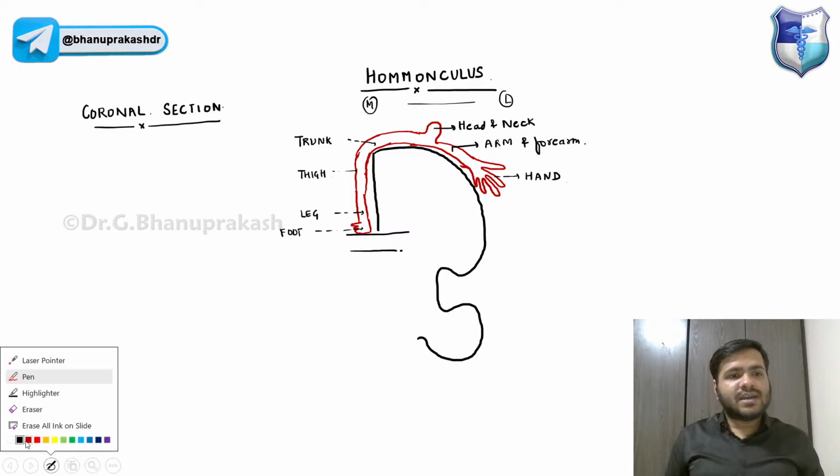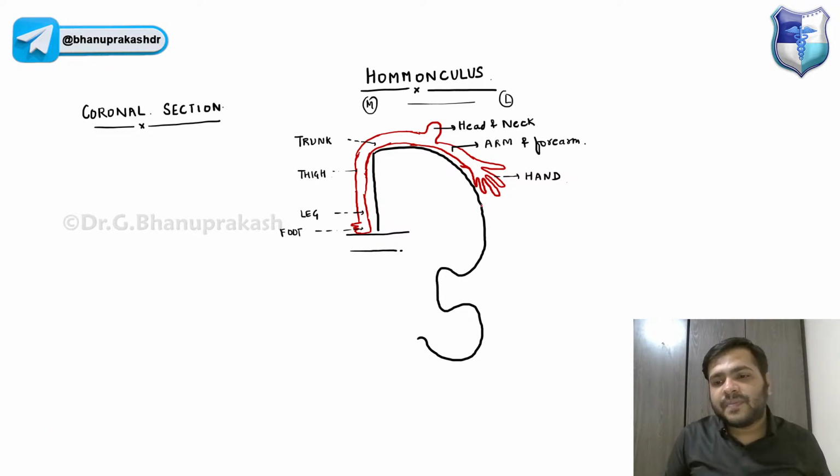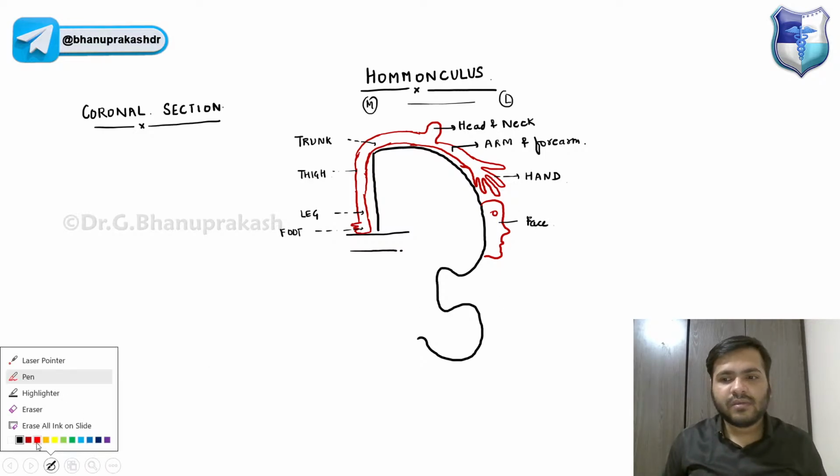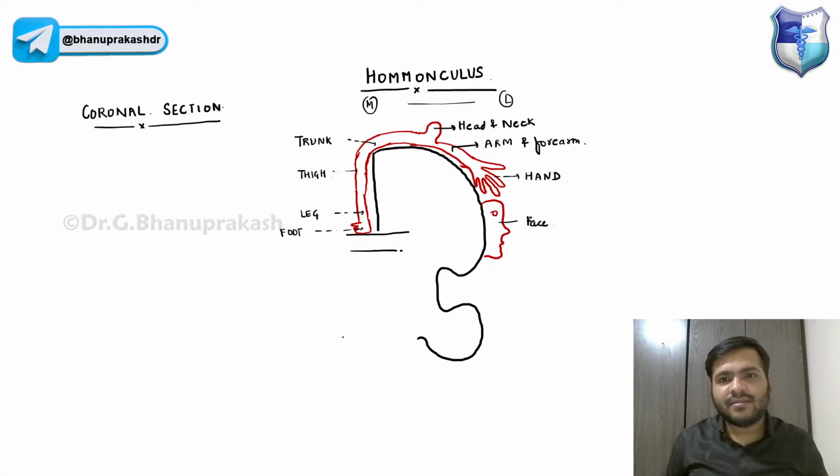And below it, guys, you already know we have the face, right? Let us suppose that this is the face. And below the face you will have the pharynx, larynx, and the tongue. Yes, we have all the neck part, guys.